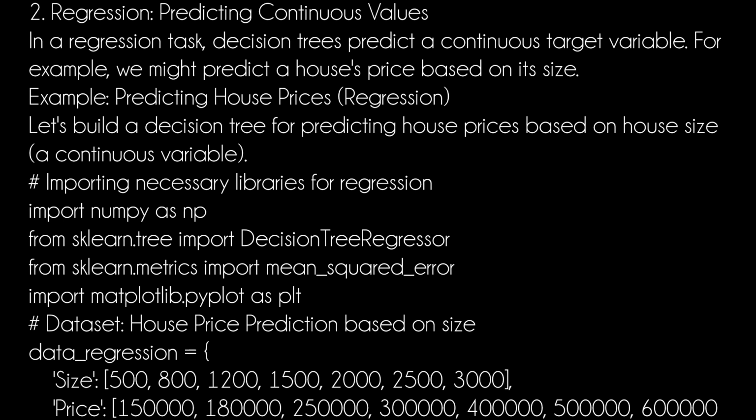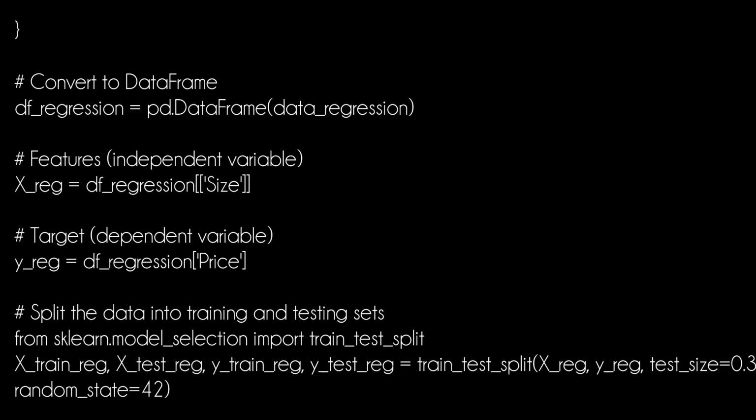Regression: predicting continuous values. In a regression task, decision trees predict a continuous target variable. For example, we might predict a house's price based on its size.